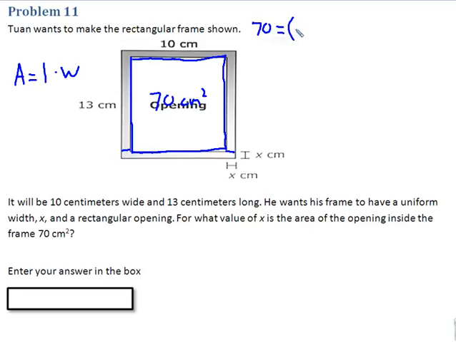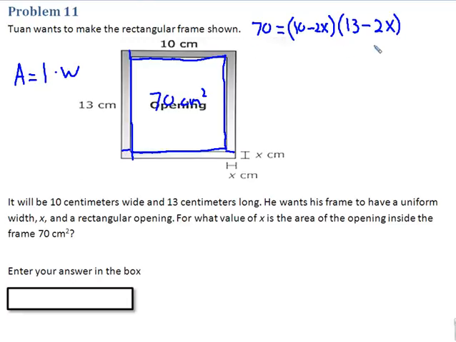So for a length, I could say that's 10 minus 2x. For the width, or the height, or whatever you want to call it, we have 13 centimeters, but again, we're going to subtract out an x on both sides. So that'll be 13 minus 2x.